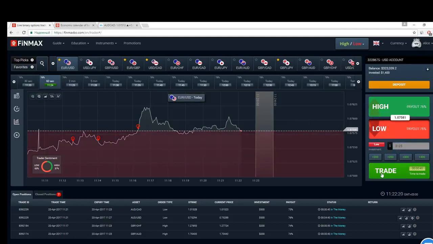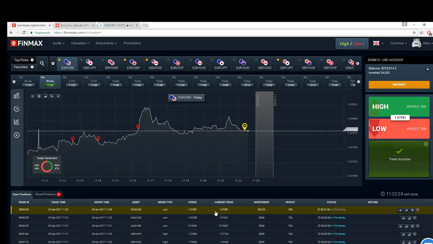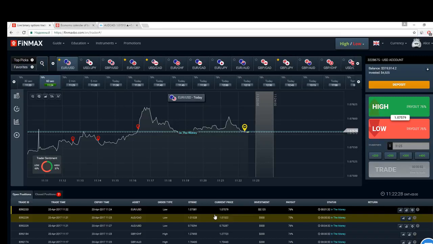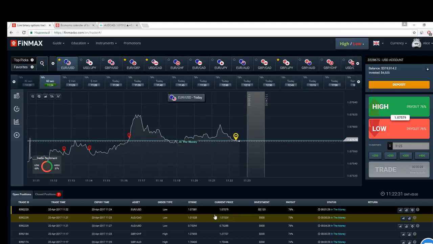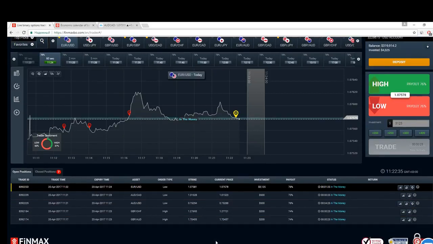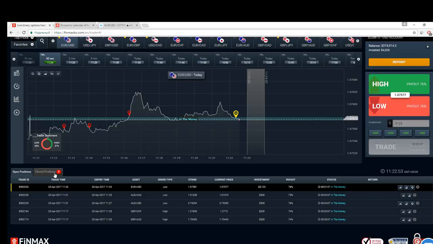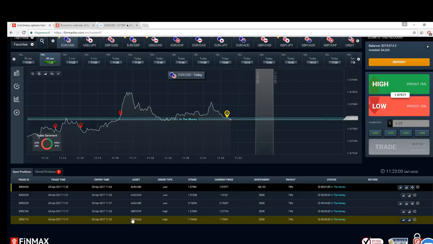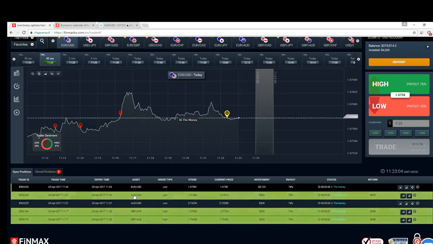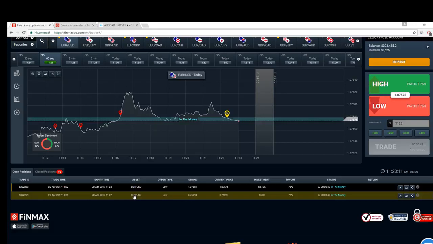One second. Australian to Canadian, we can cross out British pound to Swiss franc and British pound to Australian.